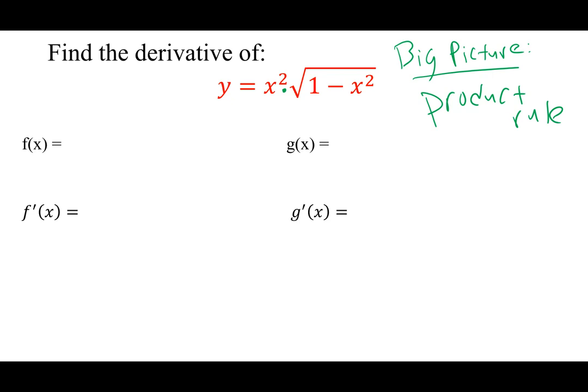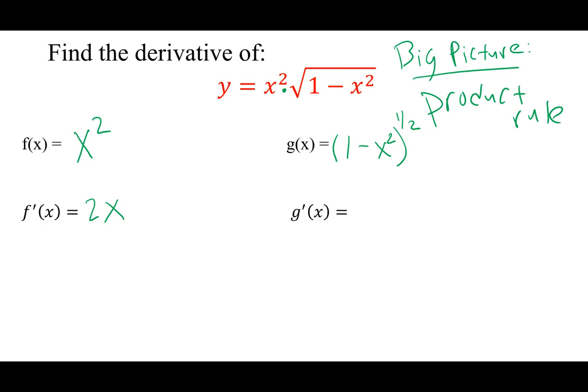So I'm going to go back to my f, f prime and g, g prime only for the first couple, just because this is the first time we're really using the chain rule in the context of these harder problems, but you can continue to use this setup or not, depending on whether or not you need it. So we're going to, of course, make f the first, the derivative of which would be 2x. That's going to make our g of x 1 minus x squared to the 1/2 power.